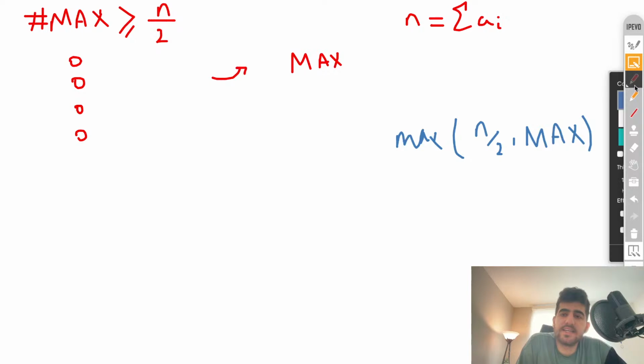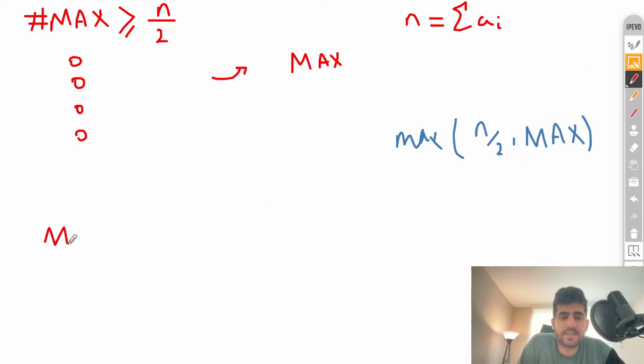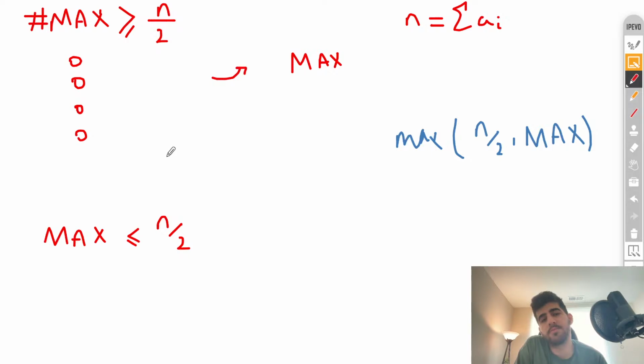The second case is more challenging: if max is less than or equal to n half, then I want to show that you can have all the balls in n half groups. By n half I mean the ceiling of n half. If they are equal, both of them are the answer.